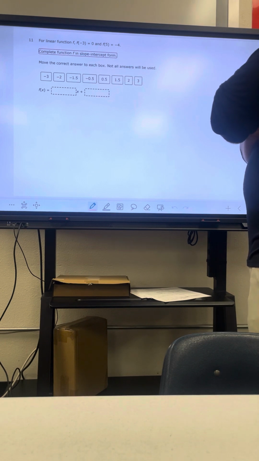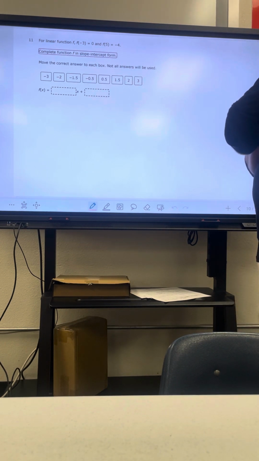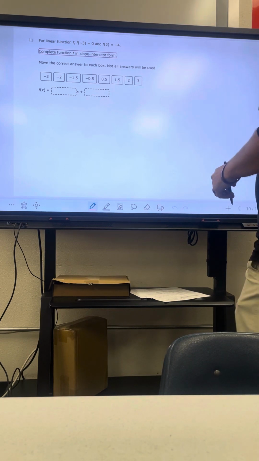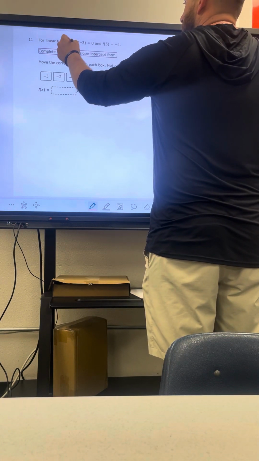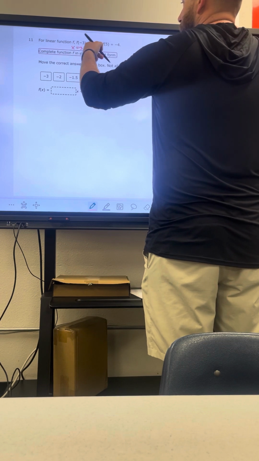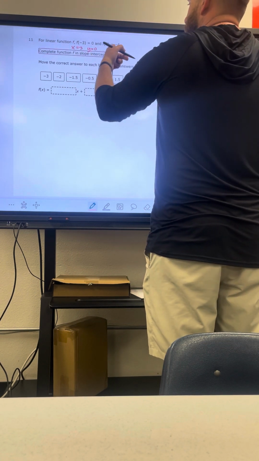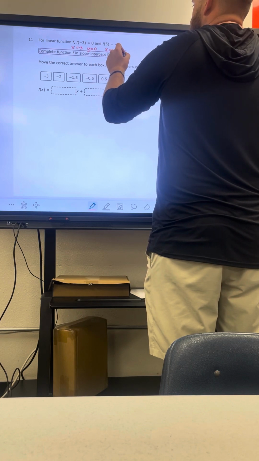All right, so basically what you can do here is make a table, and then use your squiggly. It's pretty simple understanding. So again, what they're basically saying here is when they plug in x is equal to negative 3, y is going to be equal to 0. And when they plug in x is equal to 5, y is going to be equal to negative 4.